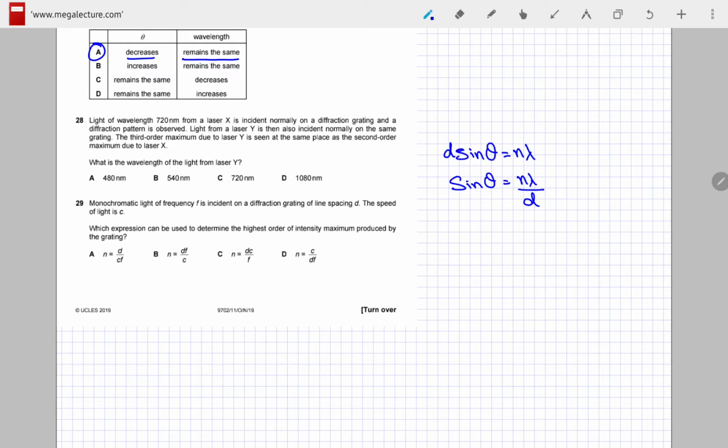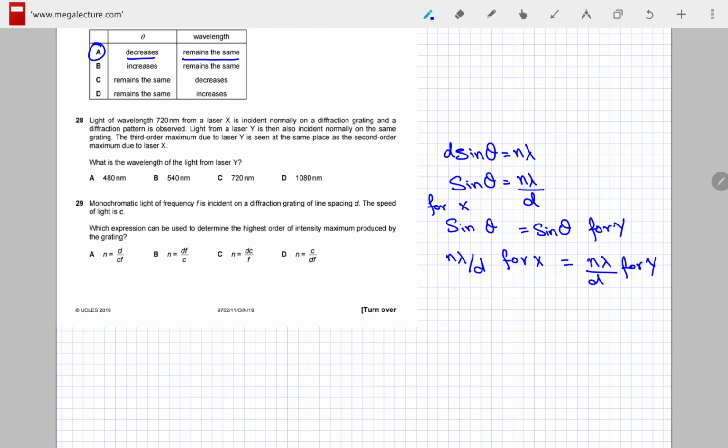Now the third order maximum of Y is seen at the same place as the second order maximum of X. So for X we have sine theta equal to sine theta for Y, and n lambda over d for X is equal to n lambda by d for Y.